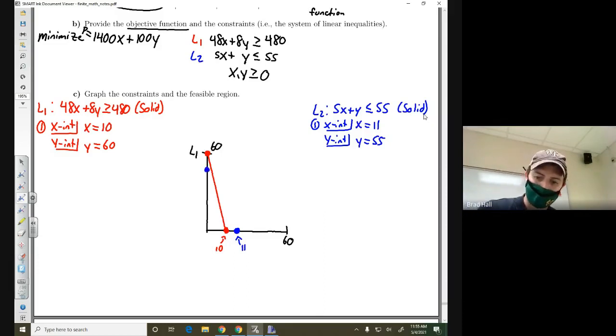That's, of course, going to be less than 60. So we can go ahead and connect those two dots. And as we see, there are 4 regions here. One of these regions is a very tiny region in between L1 and L2, and the remaining regions should be a little bit clearer. So let's go ahead and test all of this.